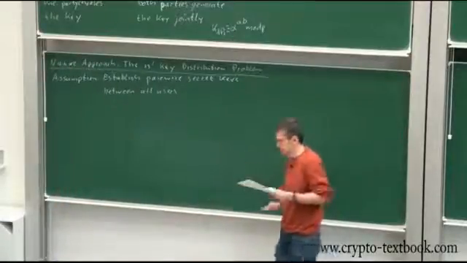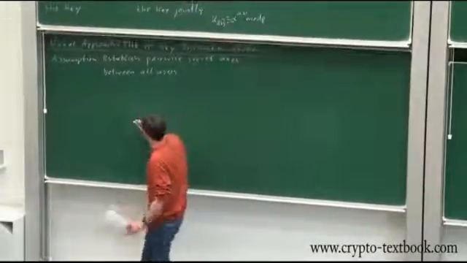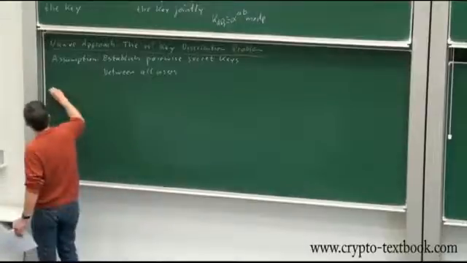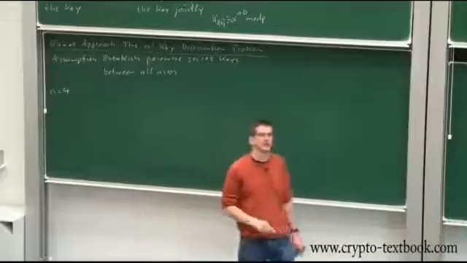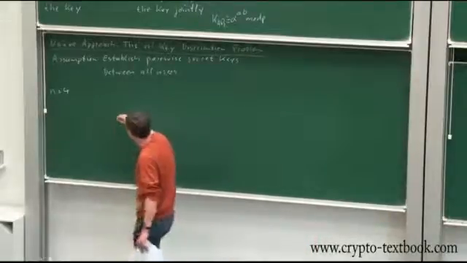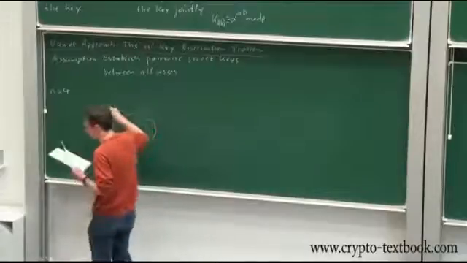What do I mean? I give you a very simple picture. Let's look at n equals 4 users. So we have a small network with 4 users. They're somehow all communicating via a network.